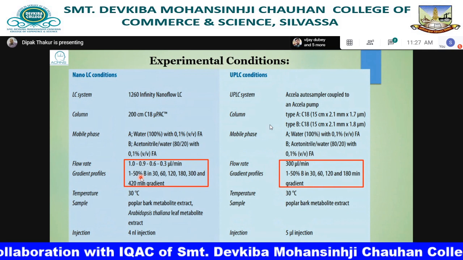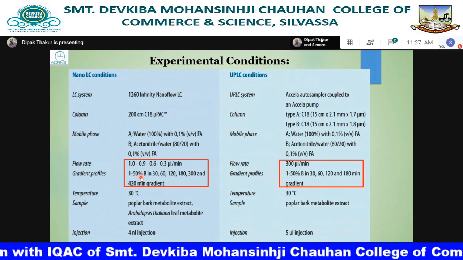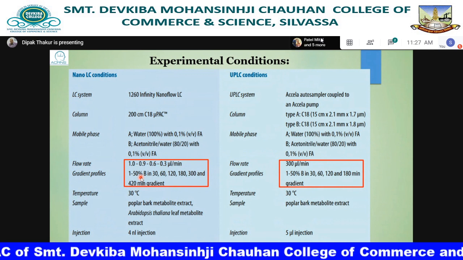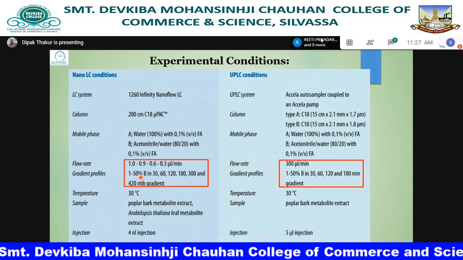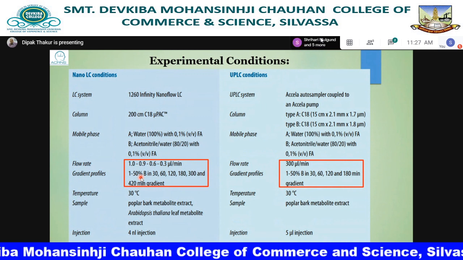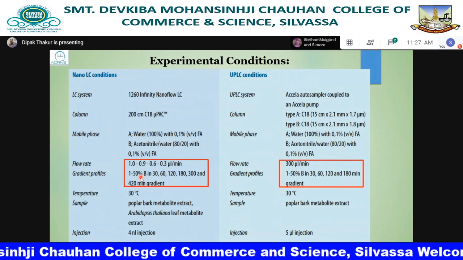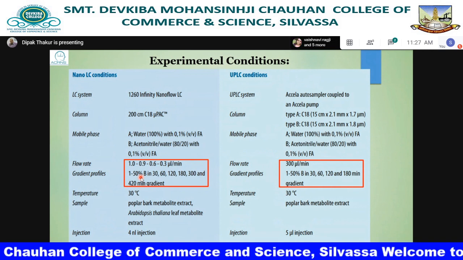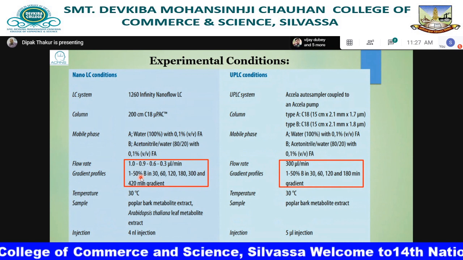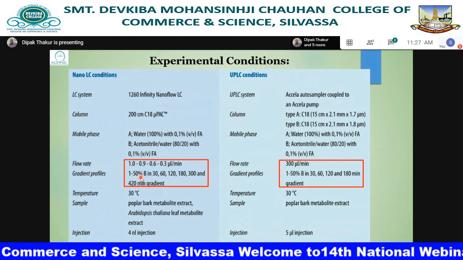But inside there are multiple grooves, multiple parallel rows of these pillars. And what is the length of the column inside? 200 centimeters. So think about it. Such a long column is packed in just a credit card size chip.